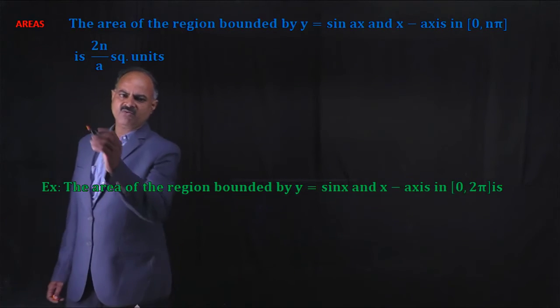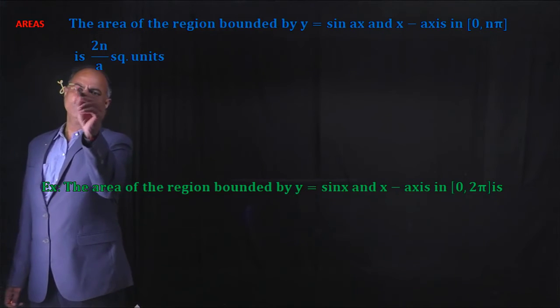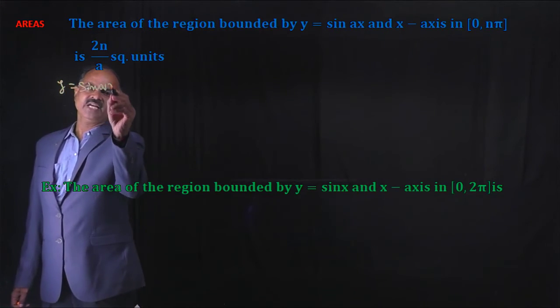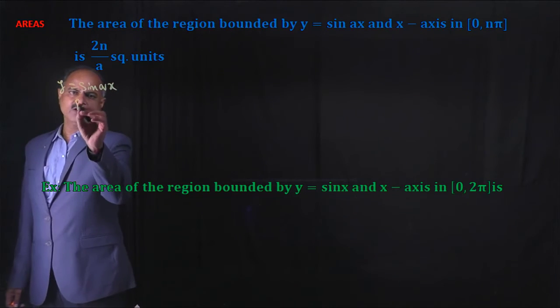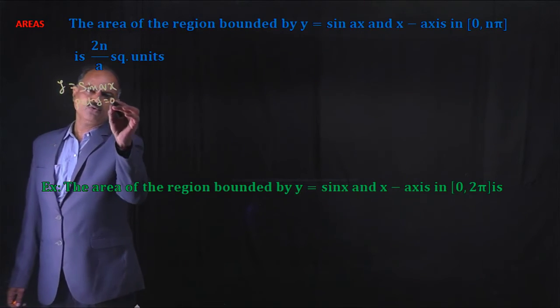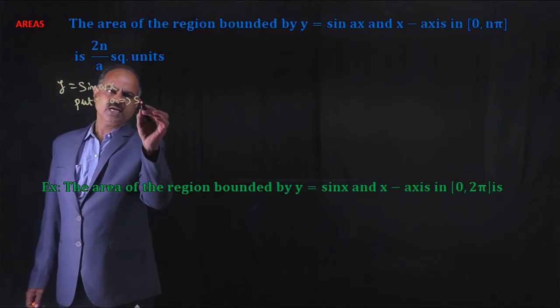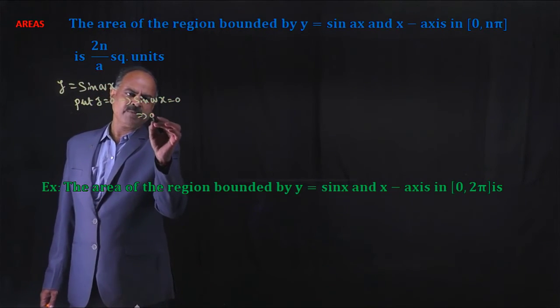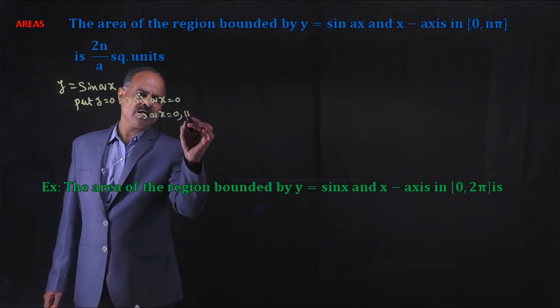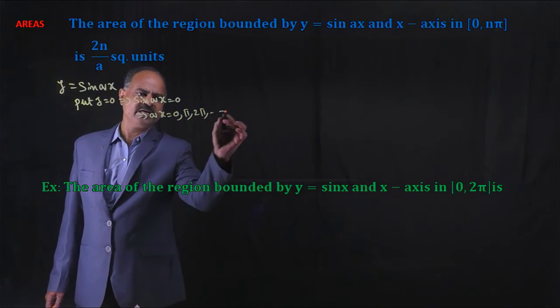Given the curve y equal to sin ax, first find where the curve crosses the x-axis. Put y equal to 0, so sin ax equal to 0. This implies ax equal to 0, pi, 2 pi and so on.